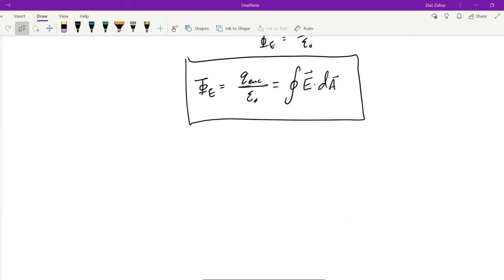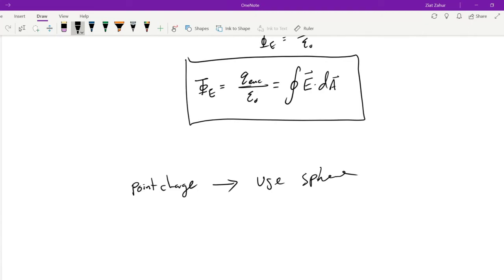So now we can start using shapes. If you have a point-like particle, so a point charge, use a sphere. If you have a rod, what's the Gaussian surface that you want to use?